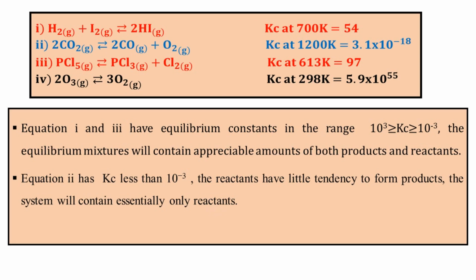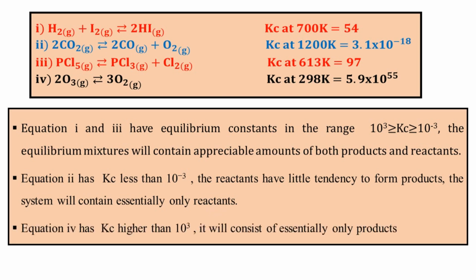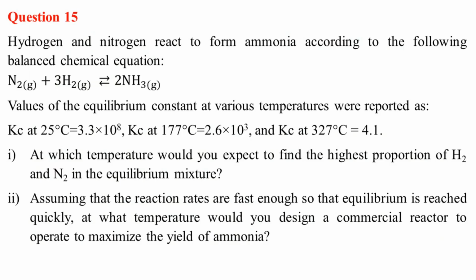The formation of product here will be difficult. Then the last equation is equation number 5, which has an extremely high Kc, more than 10^3. So in this case the reaction will contain essentially only product, because we have a high value of Kc.